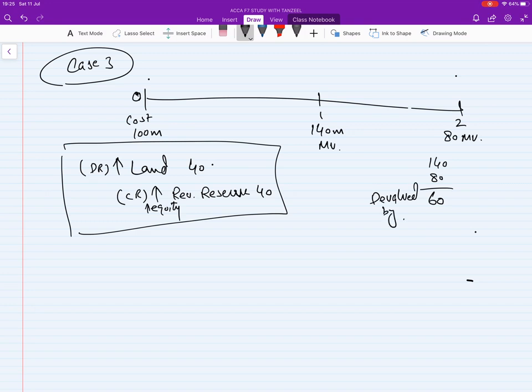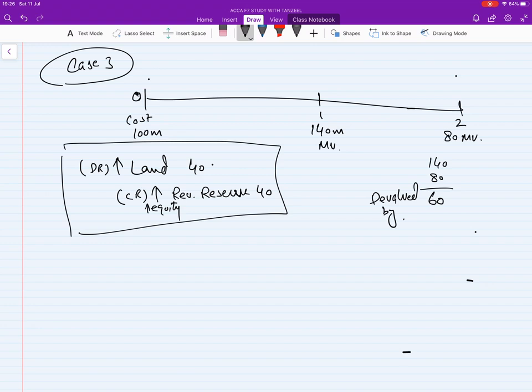So at the end of year 2, the market value previous year was 140, but this year the market value was 80. So you got a devaluation: the land was devalued by 60.